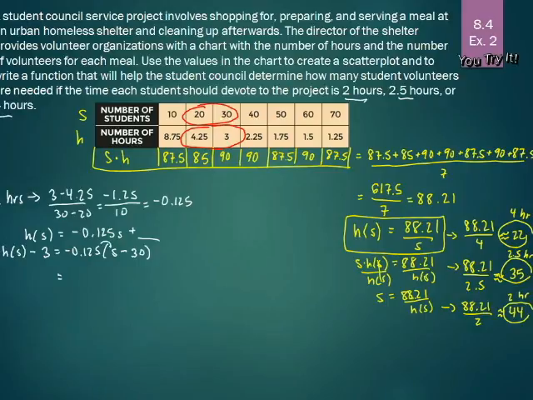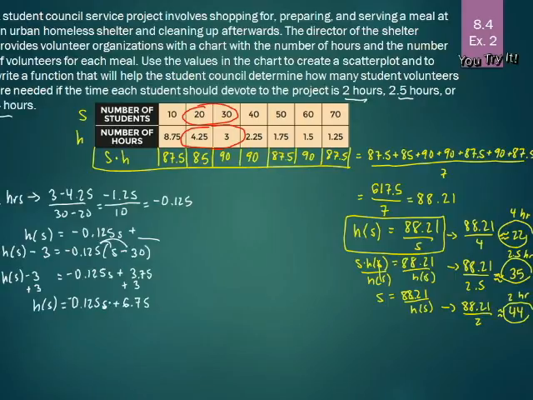And so multiplying that out, we get negative 0.125 s, and then plus 3.75 equals h of s minus 3. So then to solve for h of s, just add 3 on each side. And so we get h of s is equal to negative 0.125 s plus 6.75.